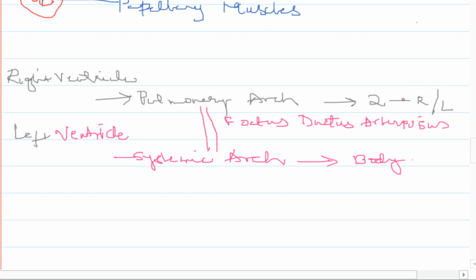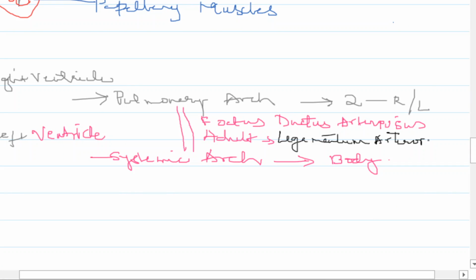Okay, but in the adult, it is called Ligamentum Arteriosum. Okay, this is rudimentary in the adult. But here in the fetus, it actually joins these two instead of going into the pulmonary arch, which is not developed in the fetus. It goes into systemic circulation.